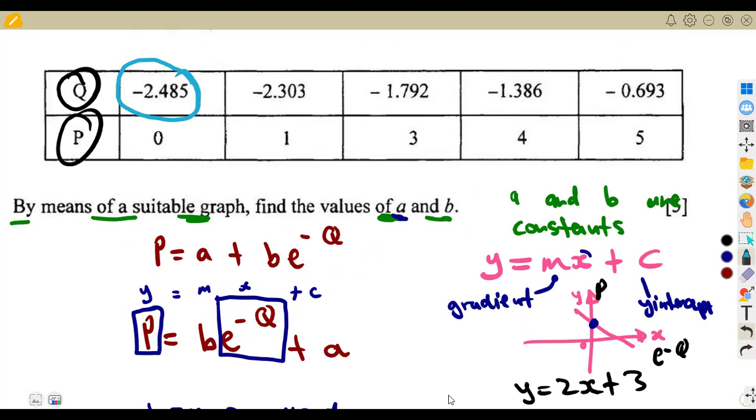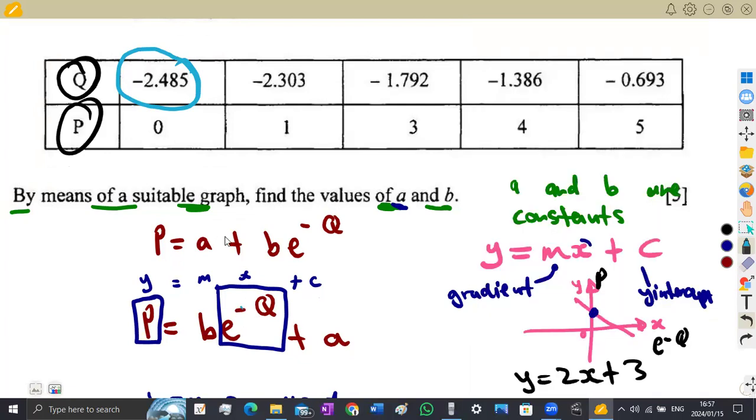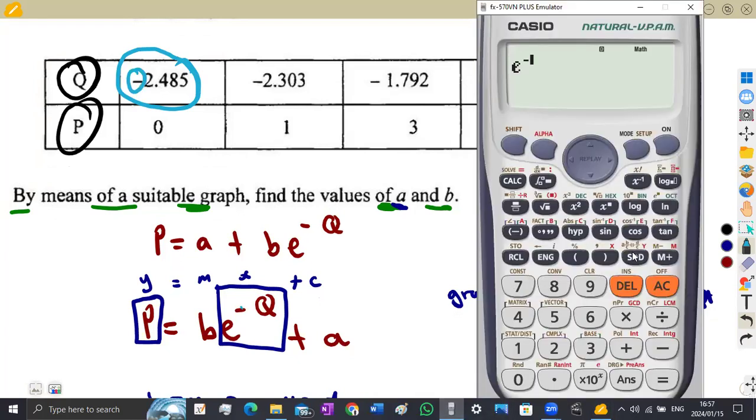All right. Let us bring the calculator. Let me explain this. So you're going to have the first value, e to the exponent of minus q. So this is shift e to the exponent of a negative. It's already a negative there. But the q that we have here is carrying a negative. So it's going to be a negative again.